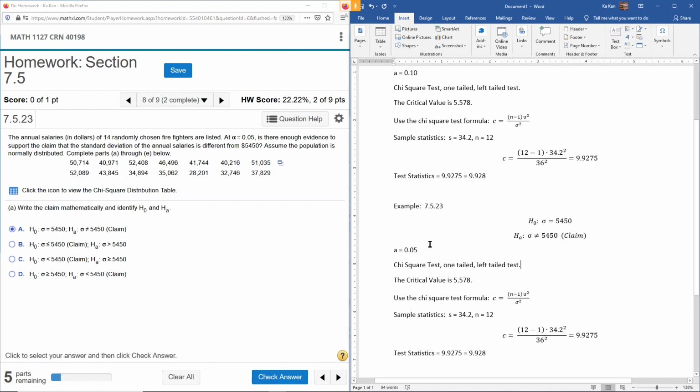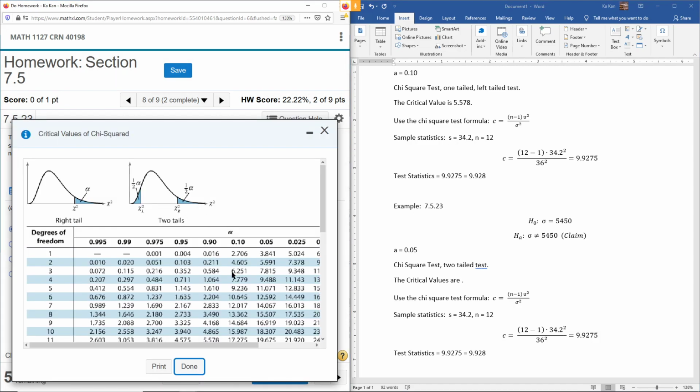So all of this is now a two-tailed test. Let's see what the critical value is going to be. Now, the critical values, you're going to have two this time around. Why do we have two? Because you have two tails, one on the left, one on the right. So the critical values, we can look at the table here.